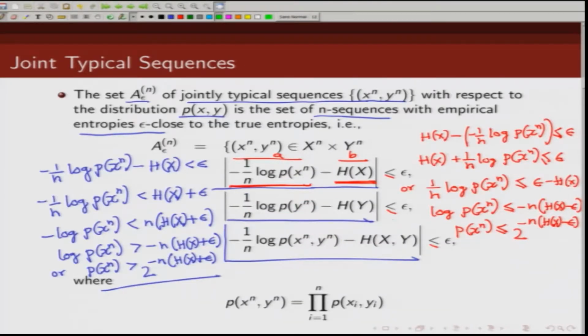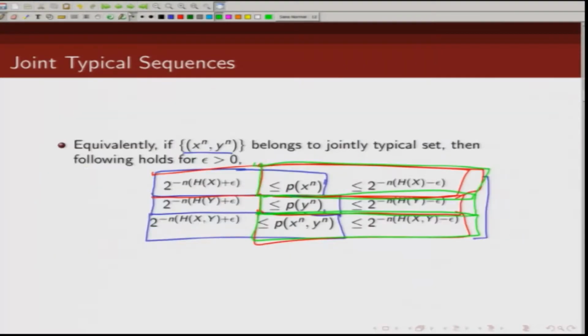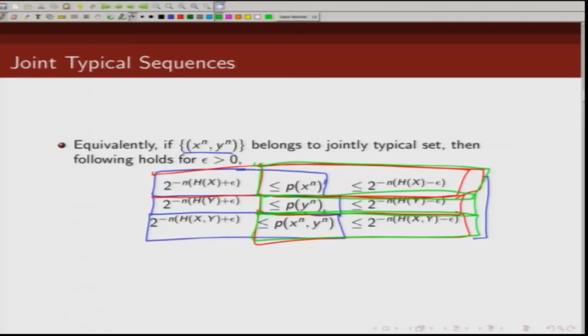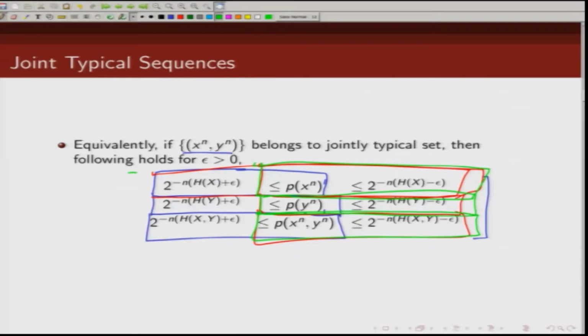So these will follow from this condition and this condition. So in other words, this follows from the definition of the joint typical set. So if x^n and y^n belong to this joint typical set, then we know these conditions should be satisfied.